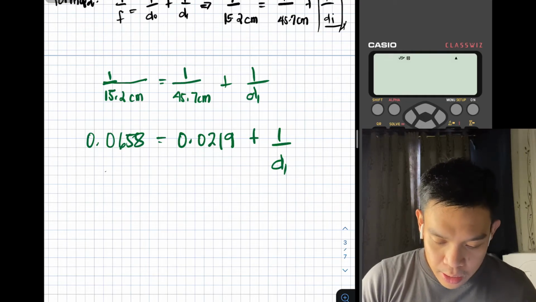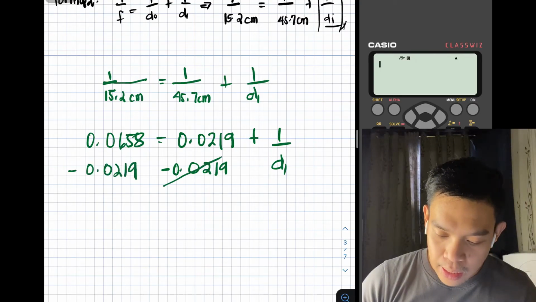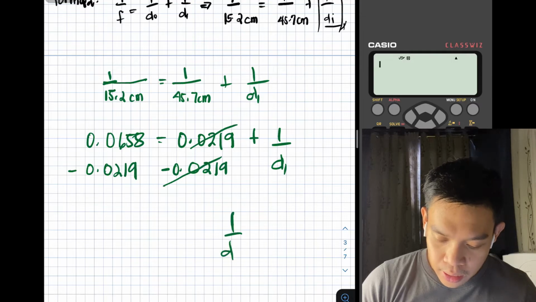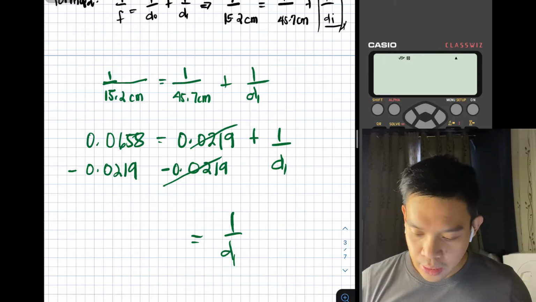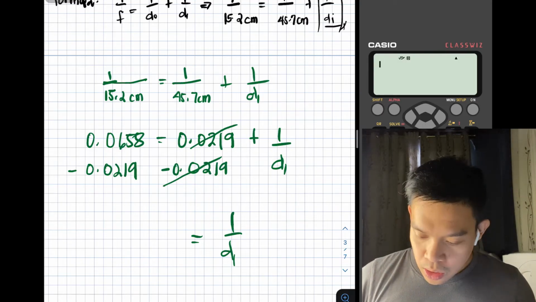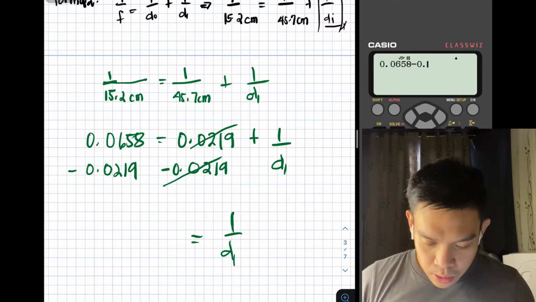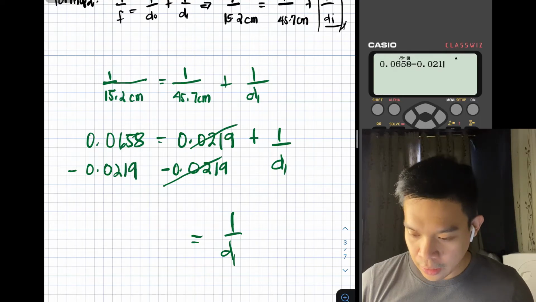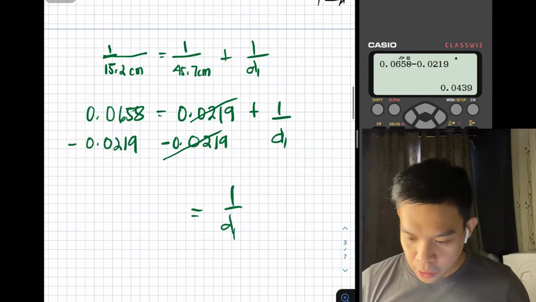So we subtract 0.0219 to make it cancel, and 1 over DI is equal to 0.0658 subtracted by 0.0219, and the answer is 0.0439.